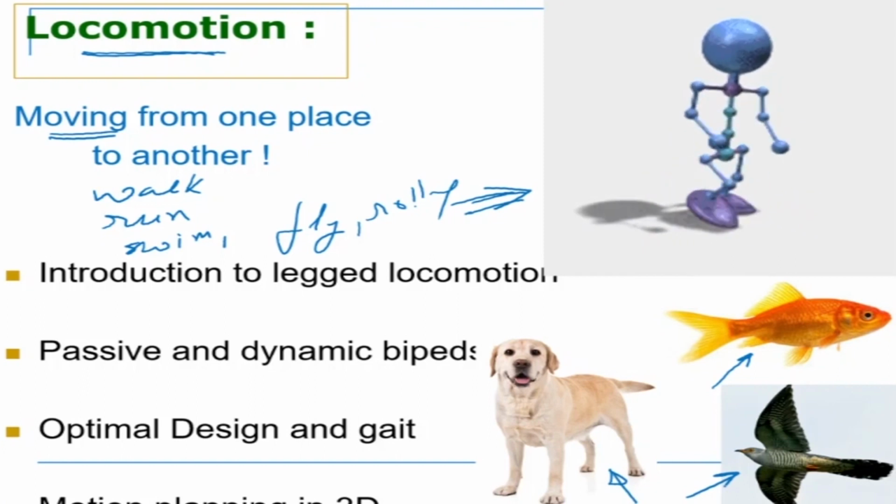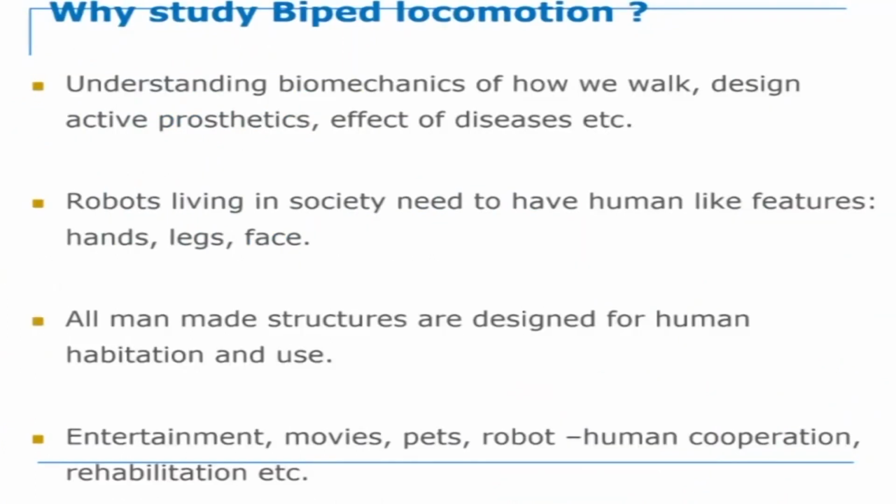Before we proceed, we should understand a few points here. First of all, why do we need to study biped locomotion? Of course, we want to do research and build robots that can behave like humans. That's great. But then why are we studying biped locomotion?